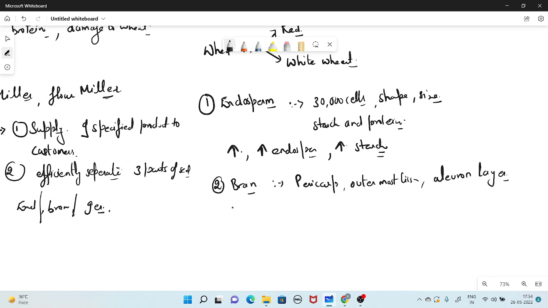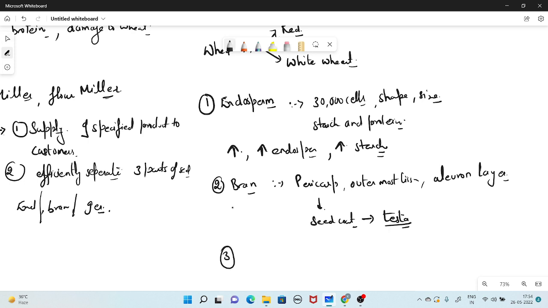So these are actually the fruit coat, right? And this pericarp, as we already discussed, is fused with the seed coat, which is known as the testa part, right?